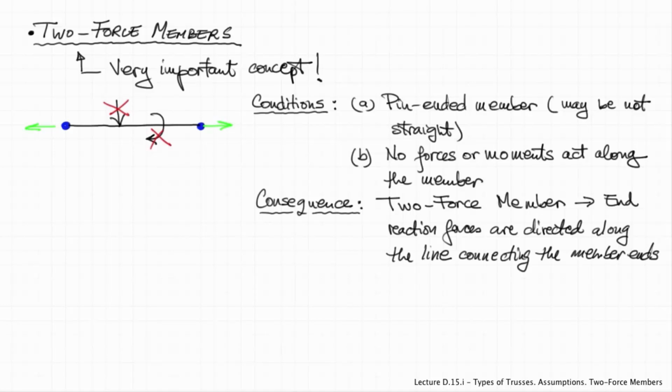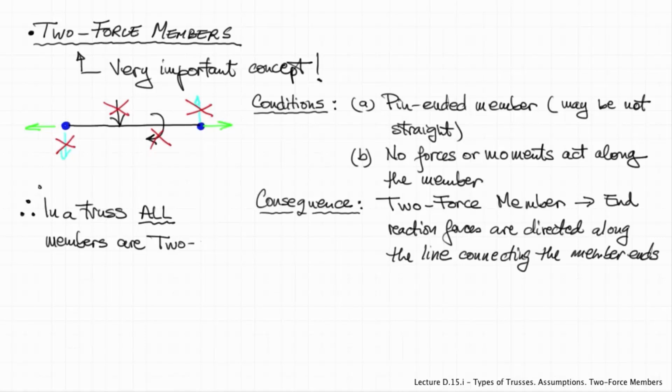So the only reaction forces at the pin ends will be the ones in green, and the ones perpendicular to the member in this case will be zero. This is a very important concept to remember. For a two-force member, the forces at the ends of the member are directed along the line that connects the ends of the member.